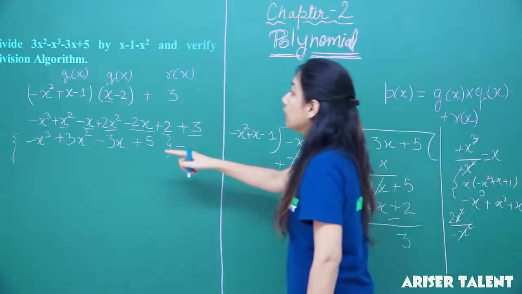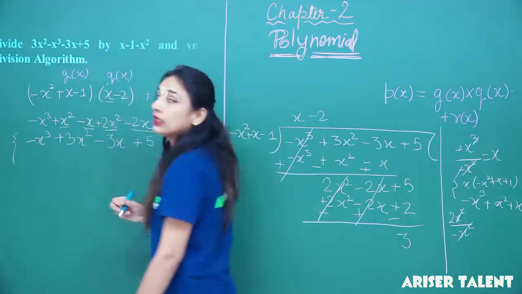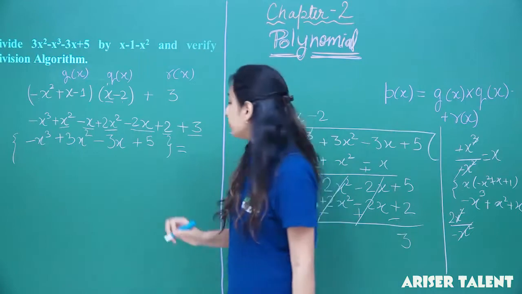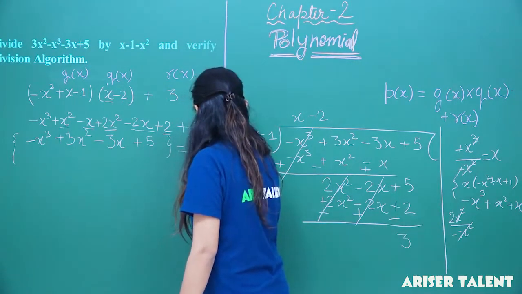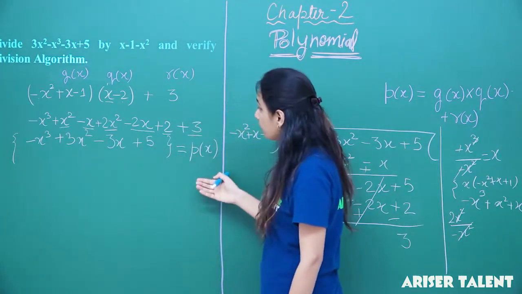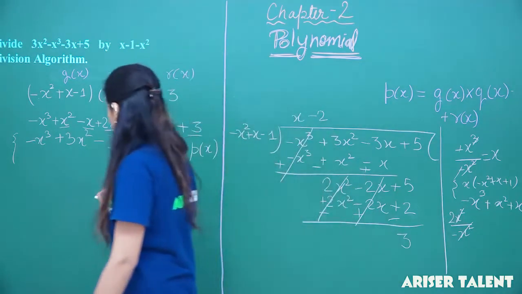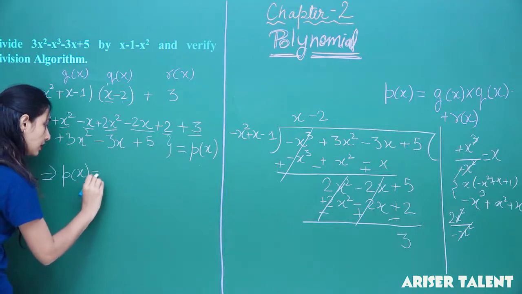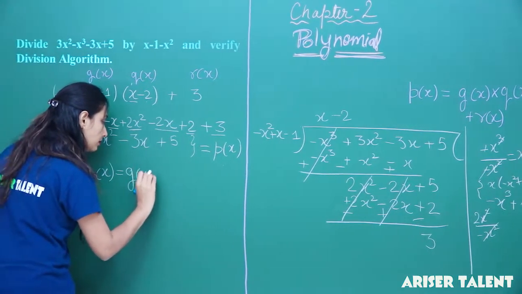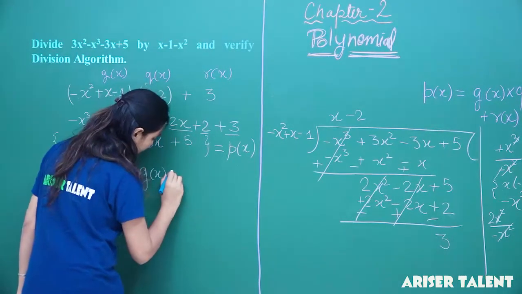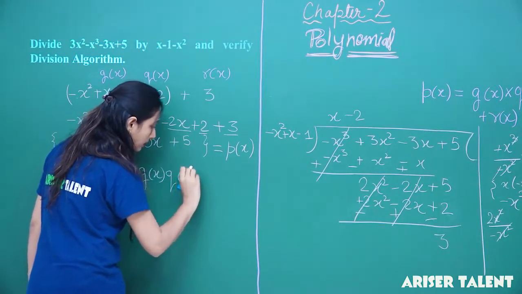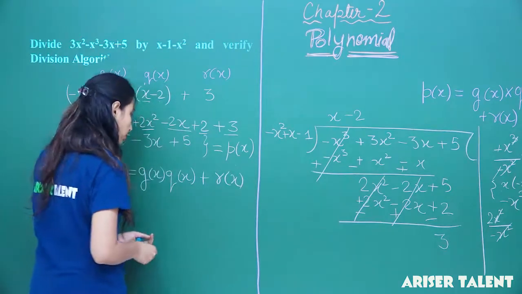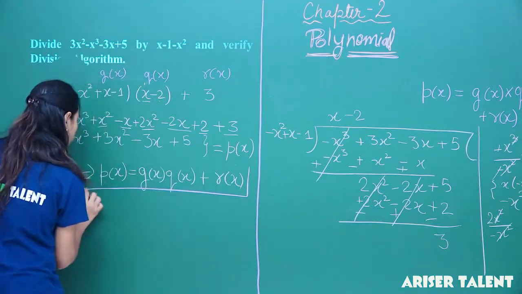Okay, so this is our what? Dividend, and we write our dividend as Px. So we have proved that Px is equal to Gx multiplied by Qx plus Rx. So hence we have proved this.